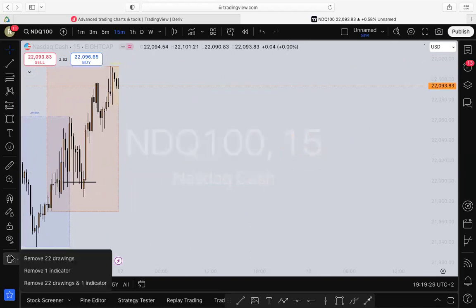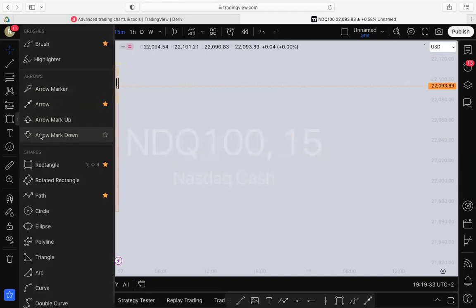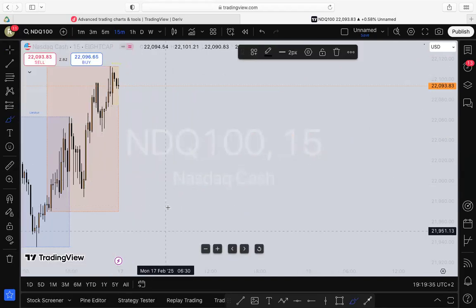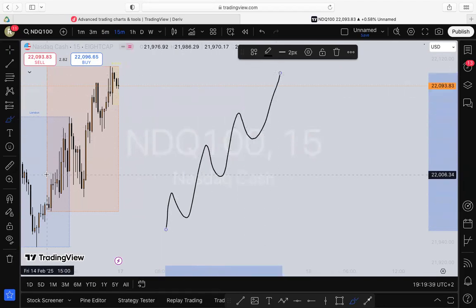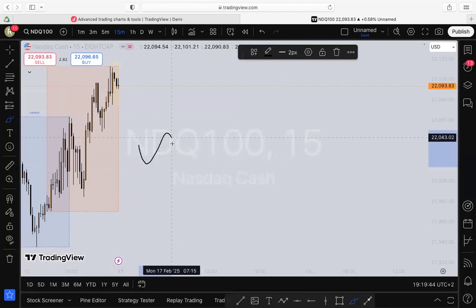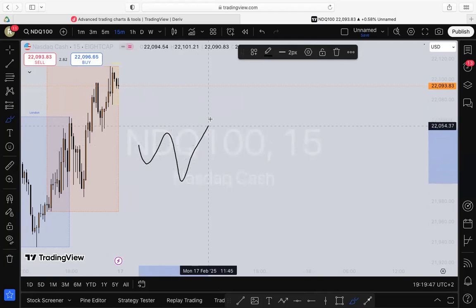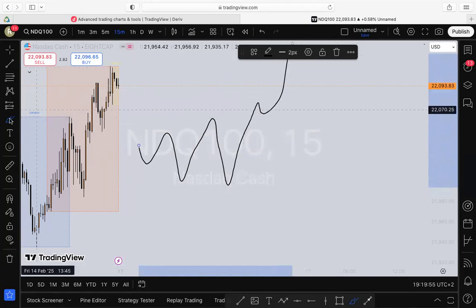So the market must not always move like this. Let me take a brush. The market must not always go to the upside like this. No, there's a situation where the market moves like this, goes to the downside during London, right?